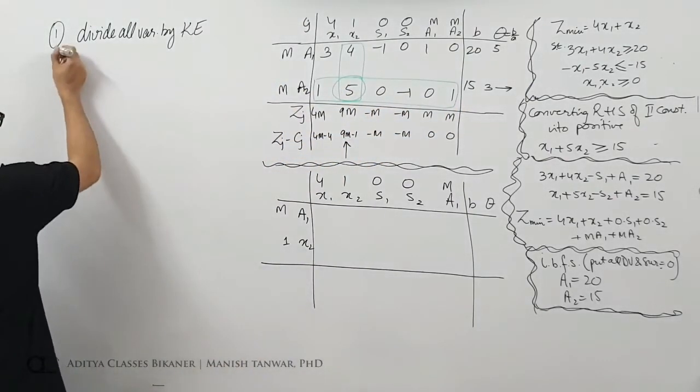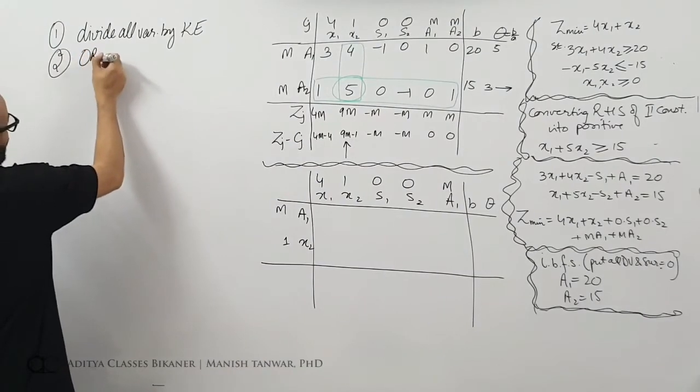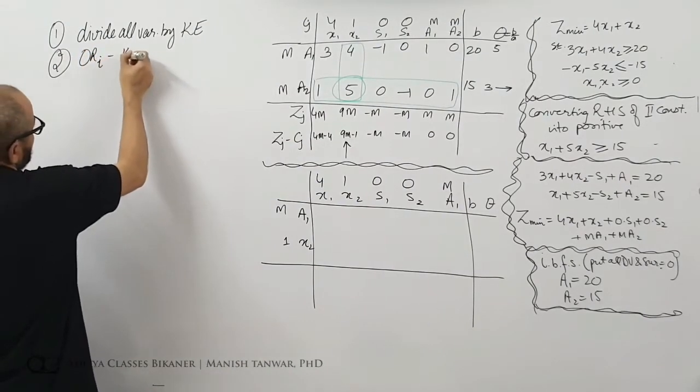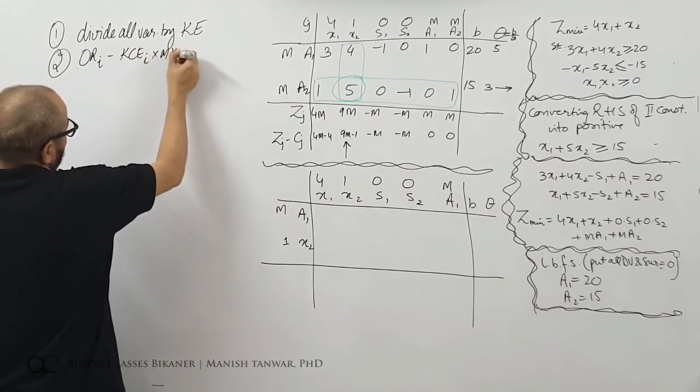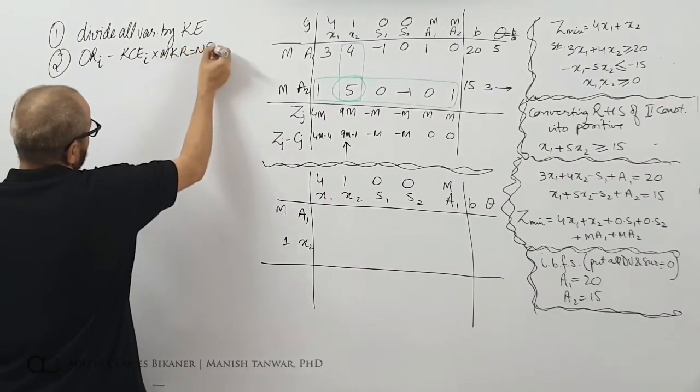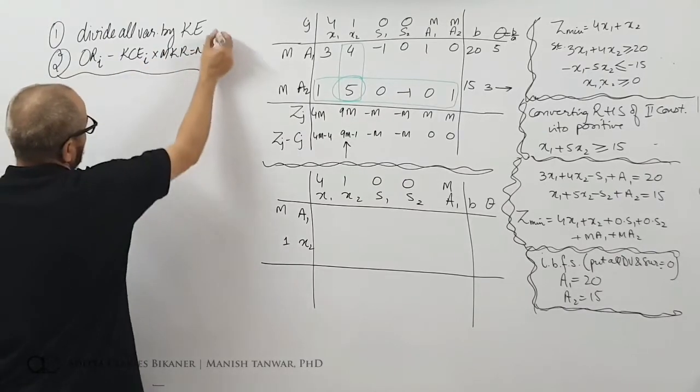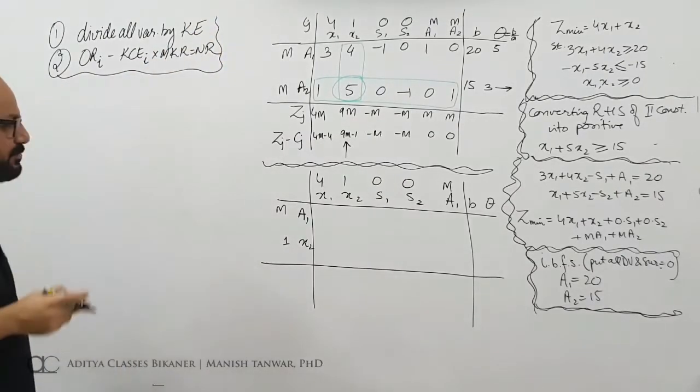And the second rule is: old row I minus key column element I multiplied by modified key row is equal to new row. These are the two rules we will be using.